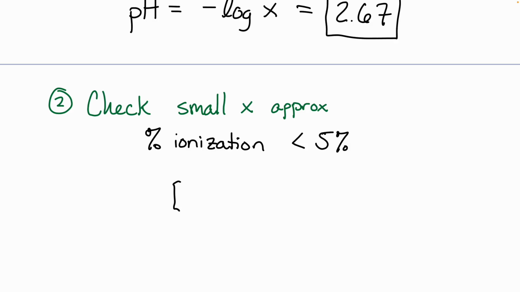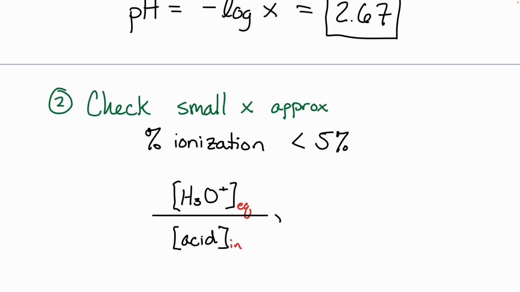Okay, your percent ionization is how much of that dissociation reaction occurred. So it's the amount of hydronium at equilibrium divided by the amount of acid that you had initially, made into a percent, so we're going to multiply it by 100.